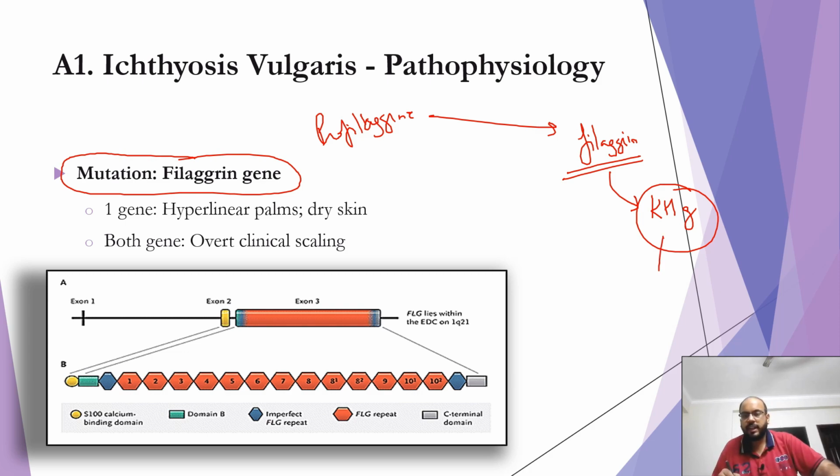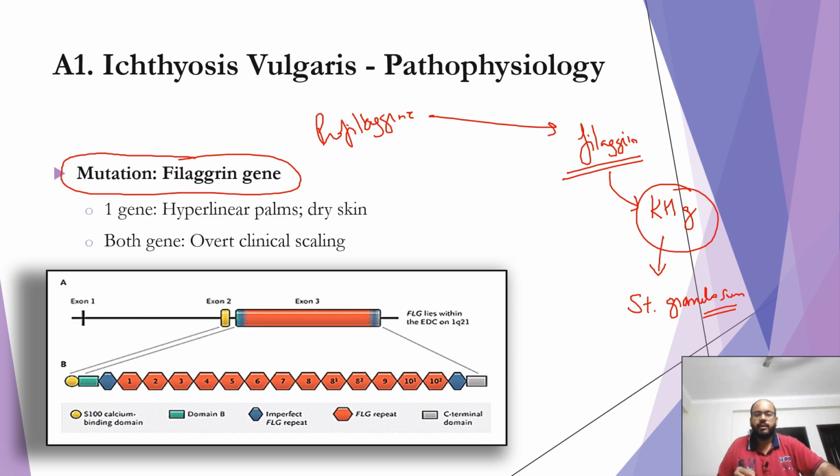And these keratohyalin granules are majorly seen at the level of stratum granulosum. So is it making any sense? You have filaggrin inside keratohyalin granules, and these are the granules that we see inside the keratinocytes when they are at the level of stratum granulosum. That is why that layer is called granulosum, because here the cells have a lot of granules.